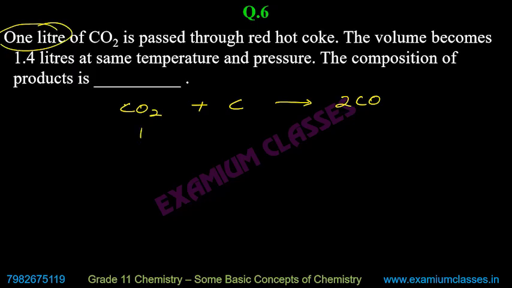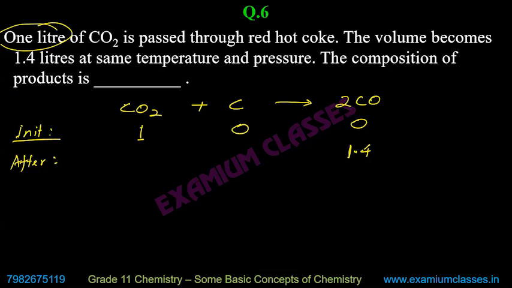initially it was 1 liter and we didn't have any amount of carbon monoxide produced. Even if this was present, it didn't react because initially no reaction is there. So initially only carbon dioxide was there, but after reaction, the volume becomes 1.4 liter.